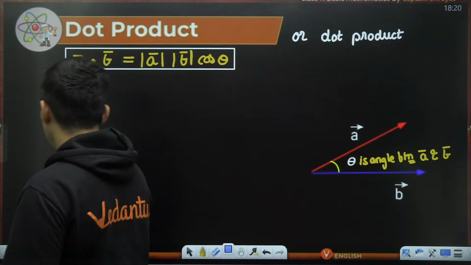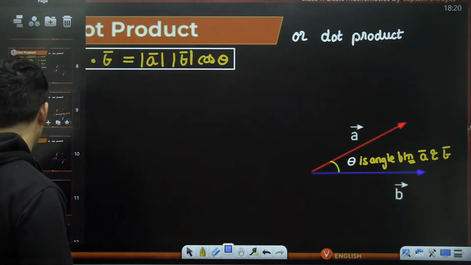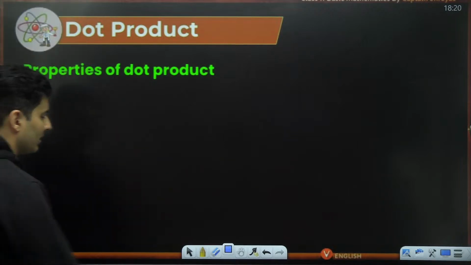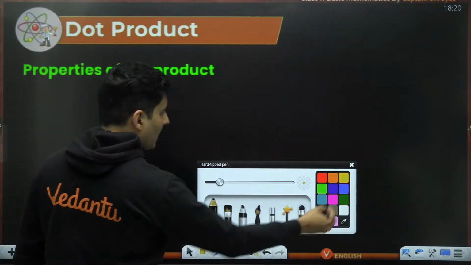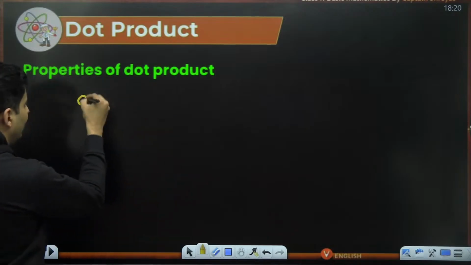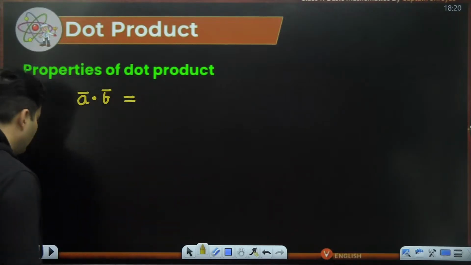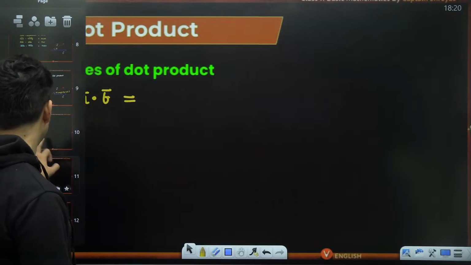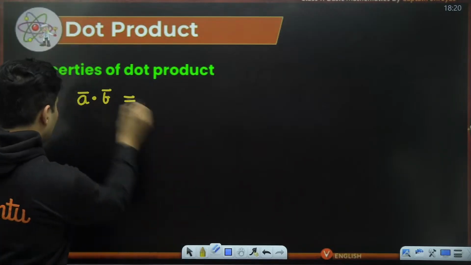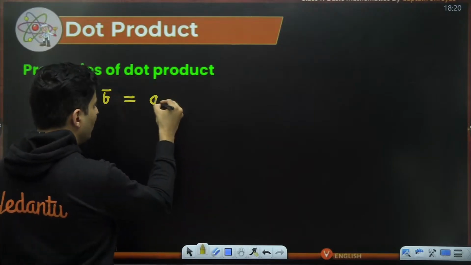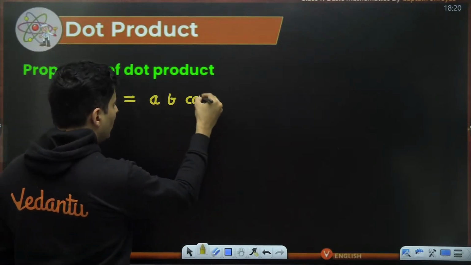So let's have a look at some examples to understand it, and the properties, of course. So starting off with some properties. If I do A dot B, the answer will be magnitude of A, magnitude of B into cos theta.